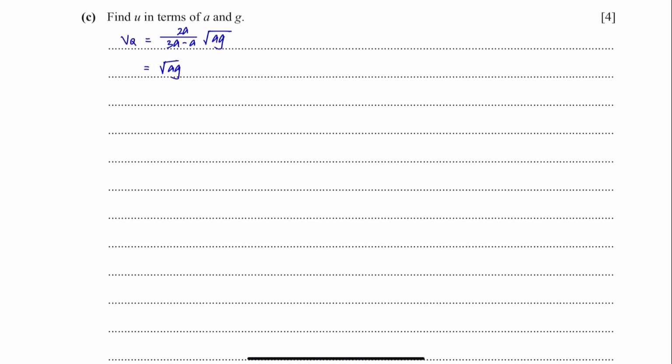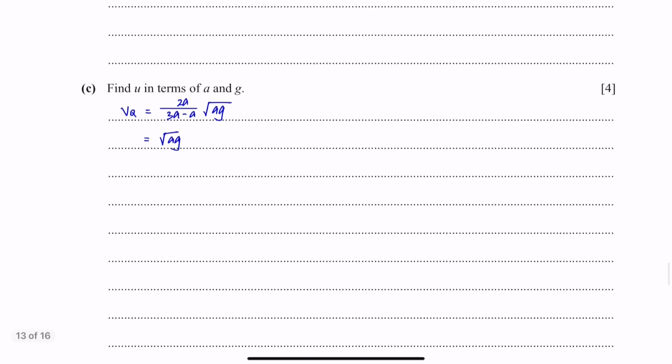And now we need to find the initial speed of Q. Do remember that we have an equation v equals r omega, where v is the speed, r is the radius, and omega is the angular speed. Previously we know that angular speed is the same, and that means the speed only depends on the radius.